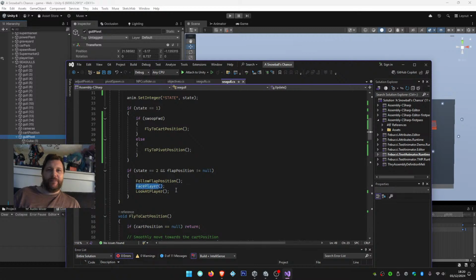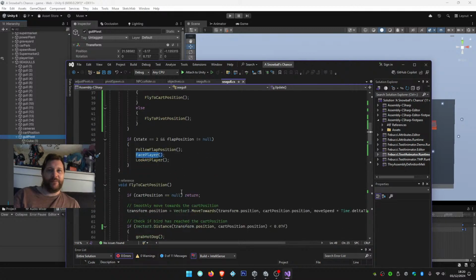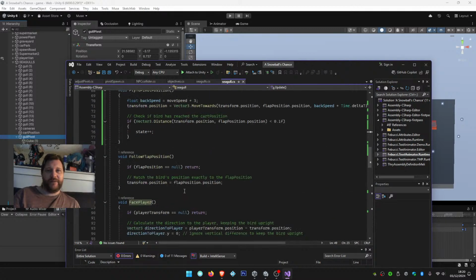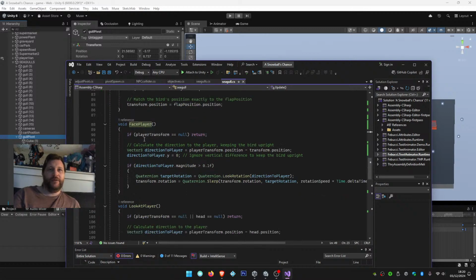So we have face player, which affects the bird itself. Look at player affects the head. So the bird's head should look at the player basically. I'll worry about that later. Let's concentrate on face player first. So if we look at our face player code, we can see calculating the direction of the player transform position minus transform position.